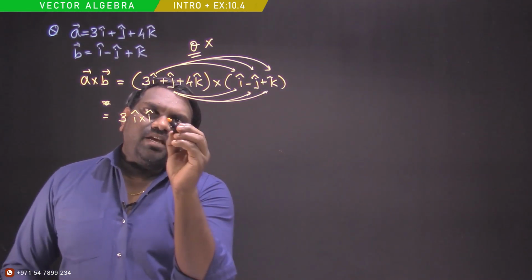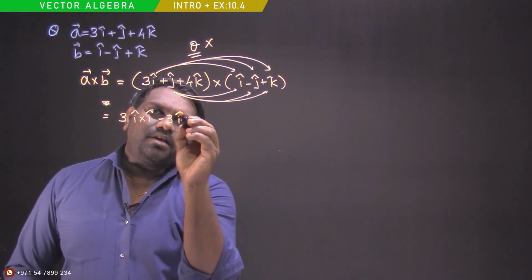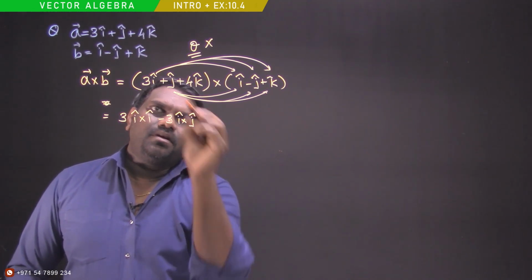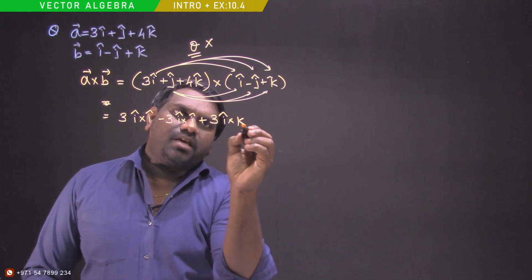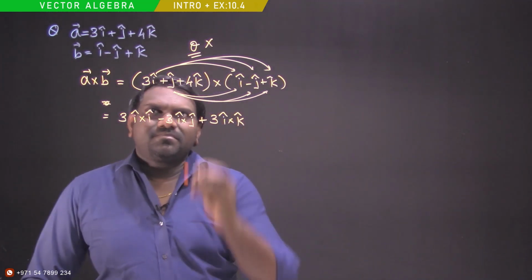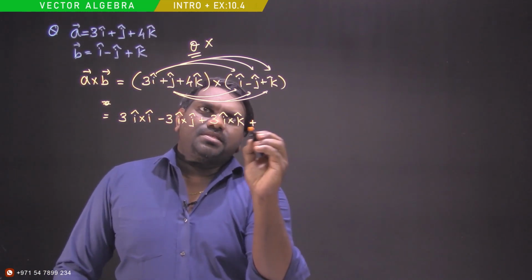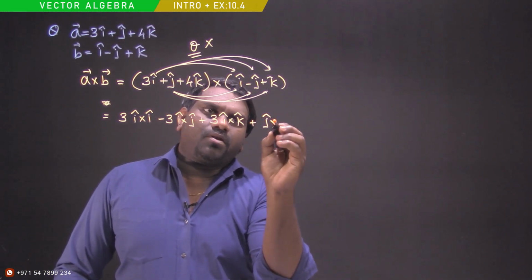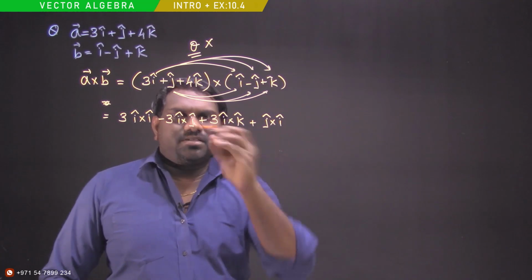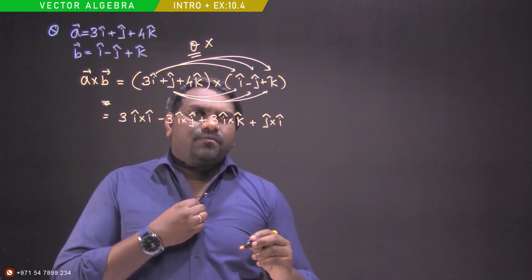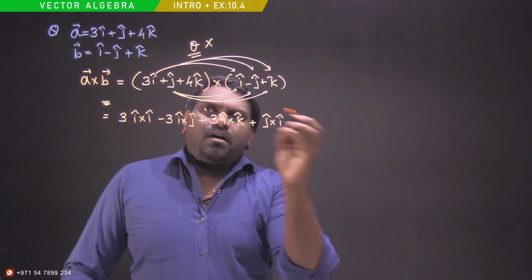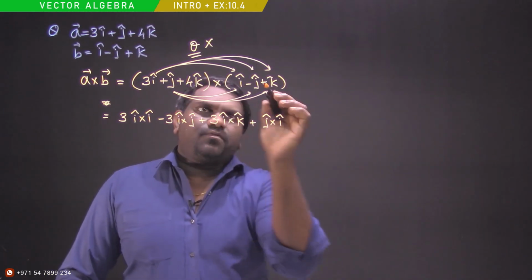Then i with j, minus 3 i cap cross j cap. With k, 3 i cap cross k cap. Then j plus, j cap cross i cap. Don't change the order, just be straight dear. What is given, let it be the same way. Okay, fine. Then once i is done, it's time for j cross.